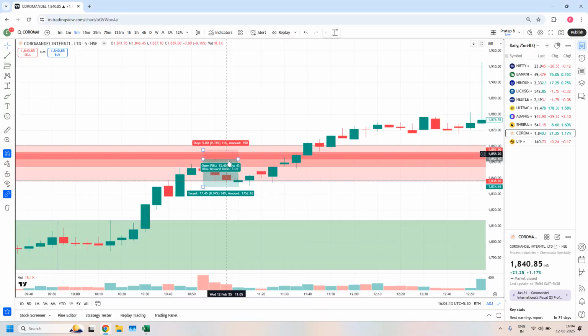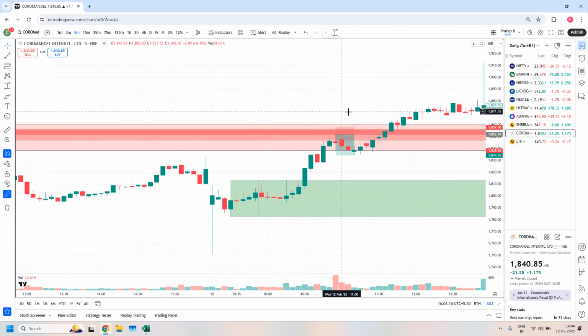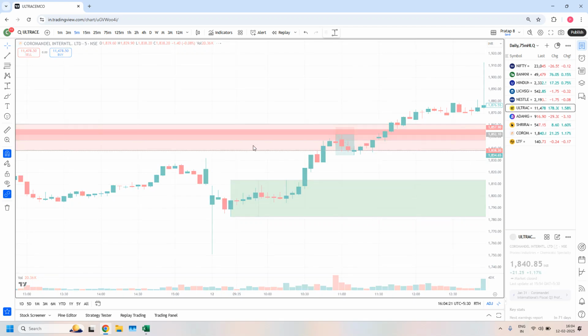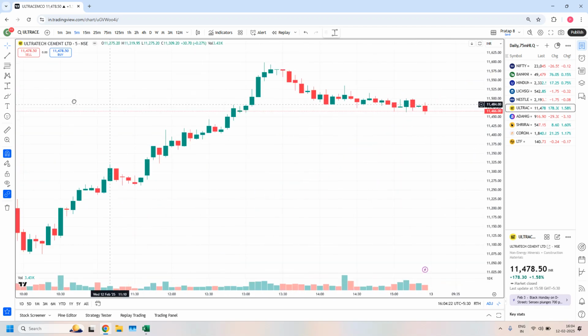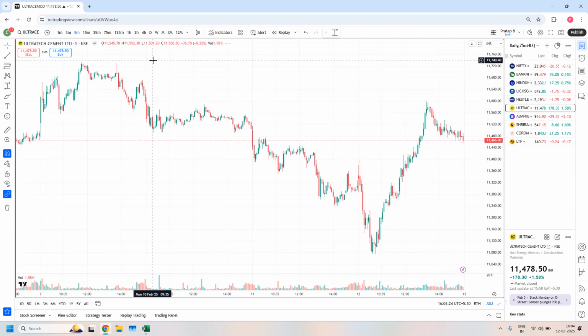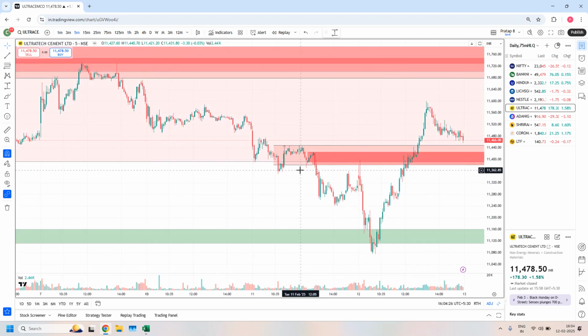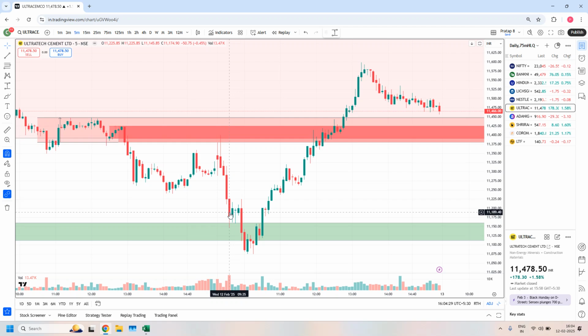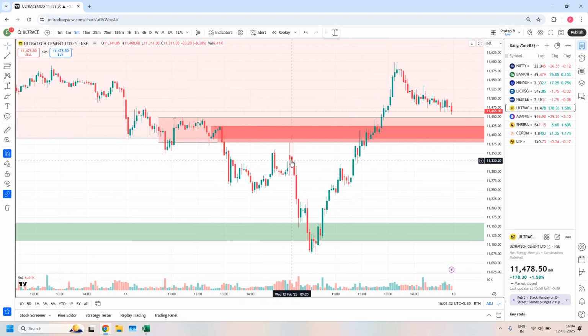Coromandel has given a trade at 11 o'clock. But suppose you take the UltraTech Cement trade, when you book the profit at 9:35. When you got this trade at the morning 9:20 candle, 5 minutes candle.